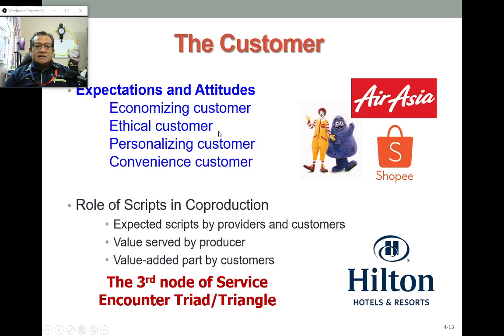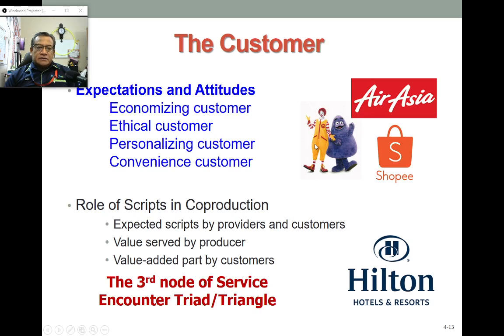Now the ethical customer. On expectation and attitude, customers are normally looking for companies or service providers that give back to the customer or to society. One good example of an ethical customer is a customer purchasing from a fast food provider like McDonald's. Customers tend to be loyal if they see that the company is giving back to society, or to a particular unfortunate group.